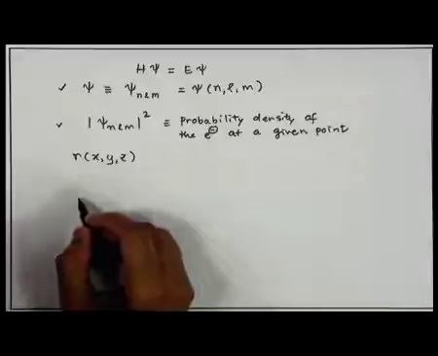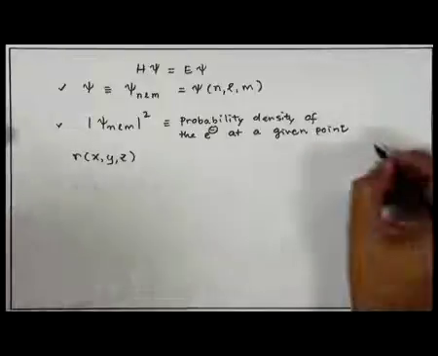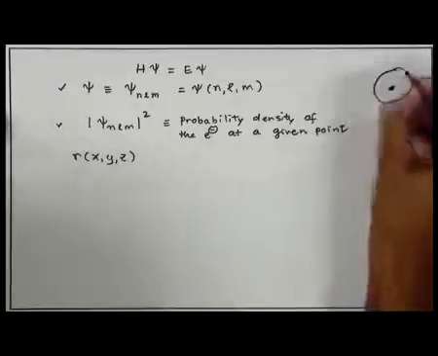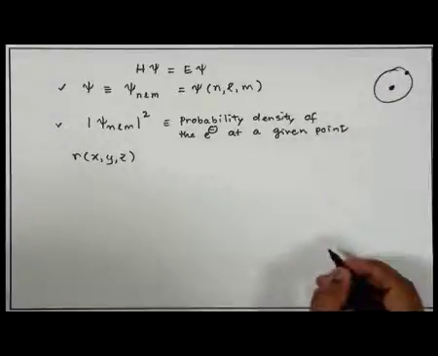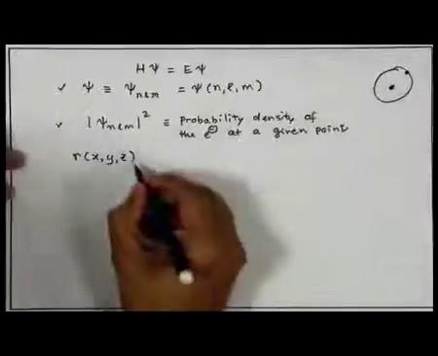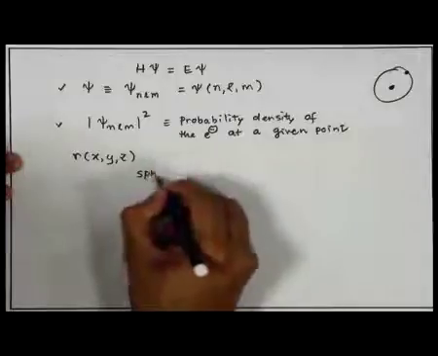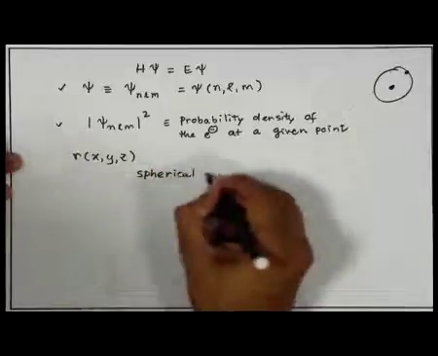Equivalently, it was found that it is easier, since the electron actually goes around the nucleus in a circular path, if we use another coordinate system instead of Cartesian, the spherical polar coordinates.